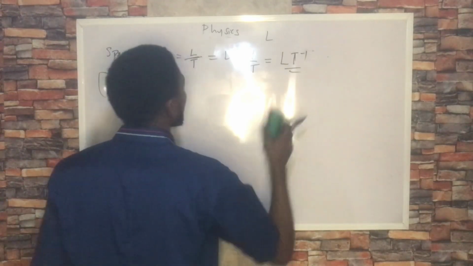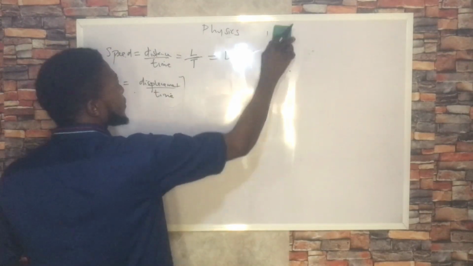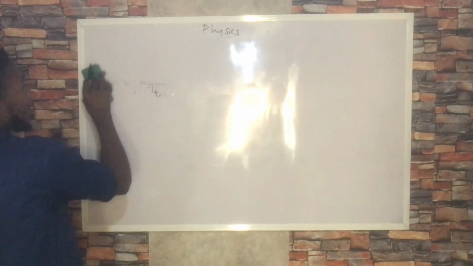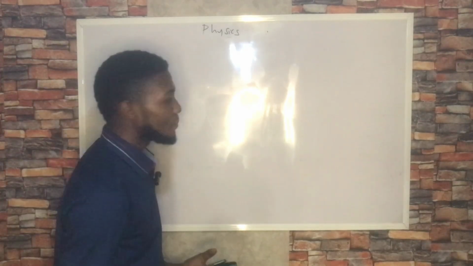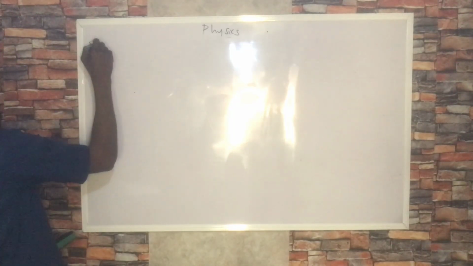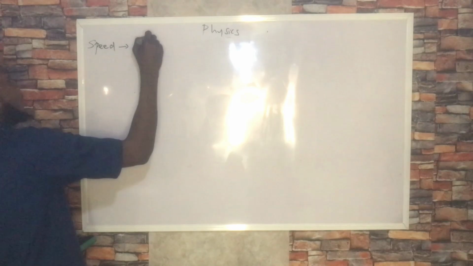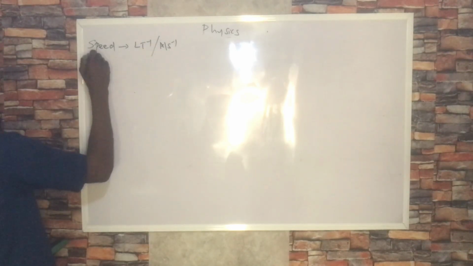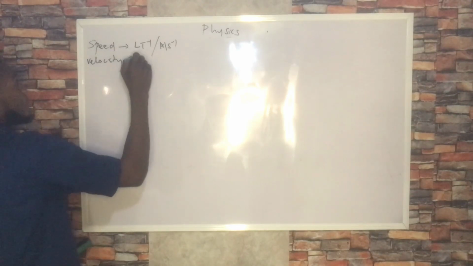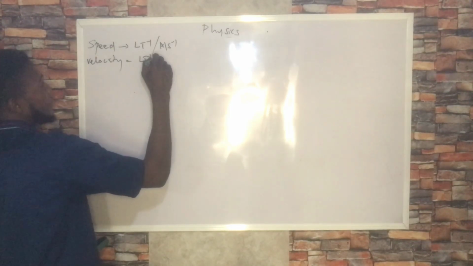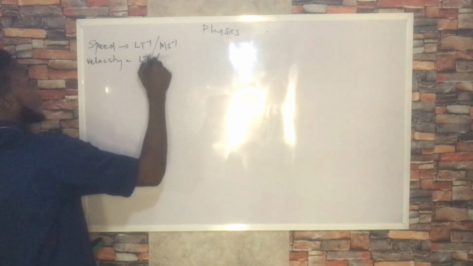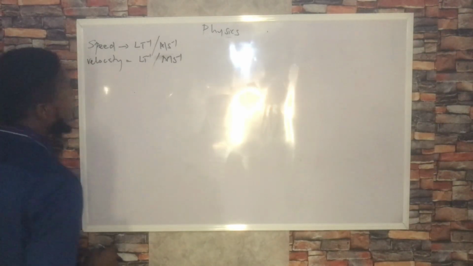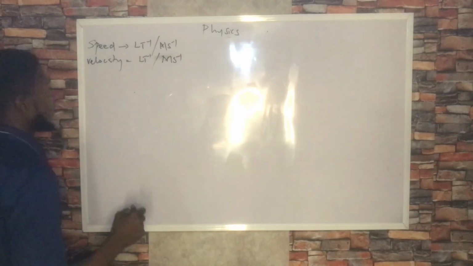So that is simply the dimension of speed and velocity. Both speed and velocity have the same: speed, LT^-1 or ms^-1; velocity, LT^-1 or simply ms^-1. And let's move on to acceleration.